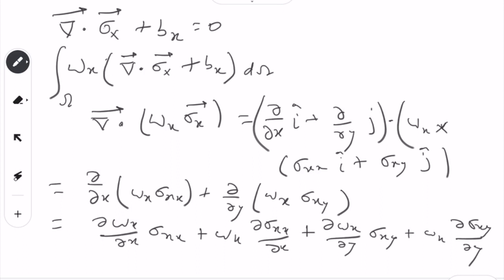Looking at this one, we have sigma xx here, so okay, what we see here, wx here, and then we have this plus this gone here, and here wx wy, del wx over del x and del wx over del y.